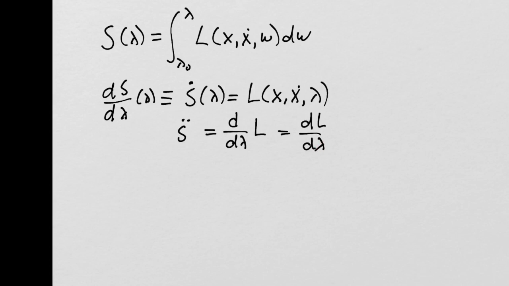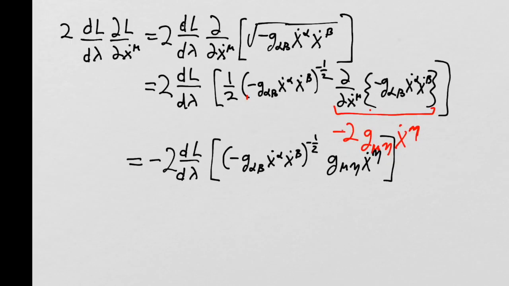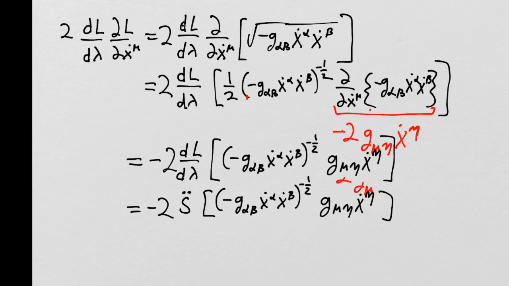And we can make this substitution right into our formula back here and write this as minus 2 s double dot, which is just a function, multiplied by all of this stuff here. Everything that was in this I can put right inside there.